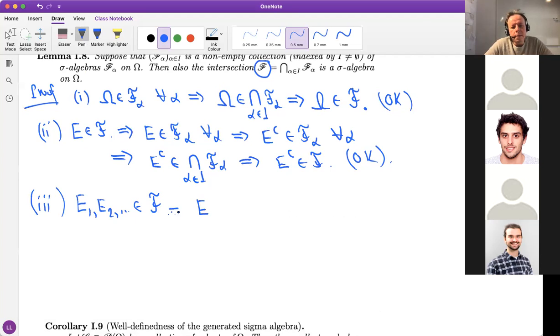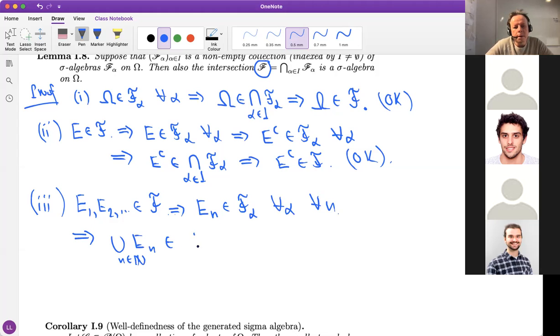Now, this condition implies that each of these, En, is in F alpha for all alpha and for all n. And because F alpha is a sigma algebra, it follows that the union of En belongs to F alpha as well. And that's true for all alpha.